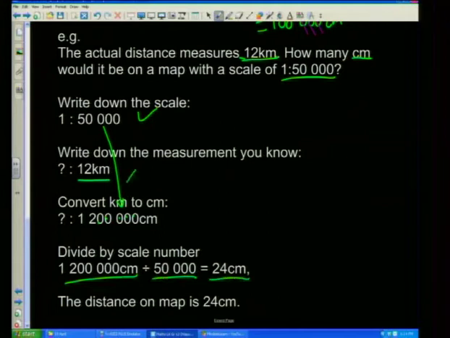That's the factor I've multiplied by. So if I multiplied by 24 on this side, I must multiply 1 by 24 on that side. So the distance on the map is 24 centimeters.